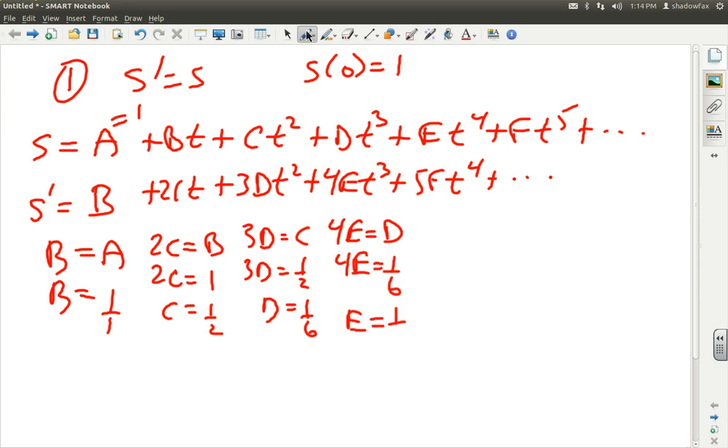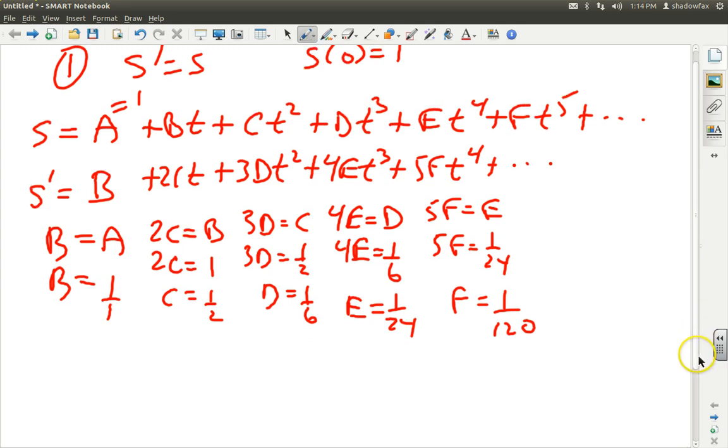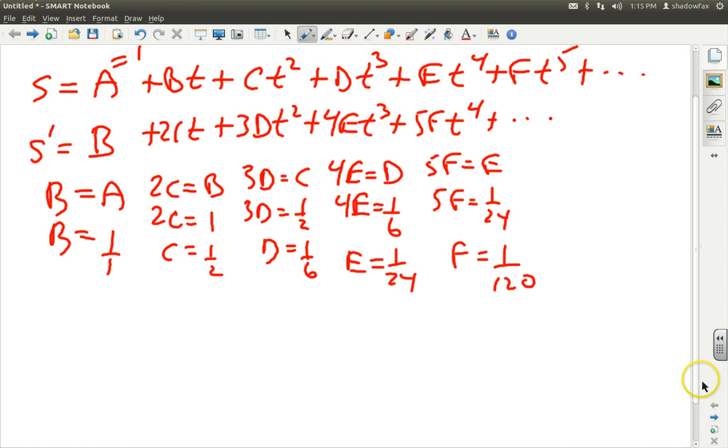This sounds like a factorial. And 5f equals e, so 5f is 1/24th, so f is 1 over 120, and so what do we get? We get that, let's just bring this down a little bit, or bring it up, as the case may be.